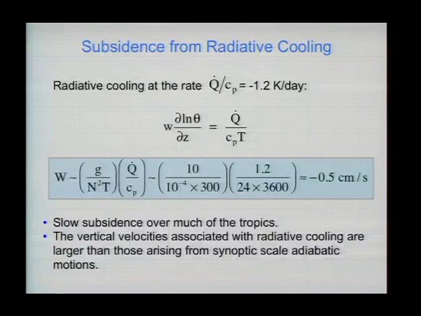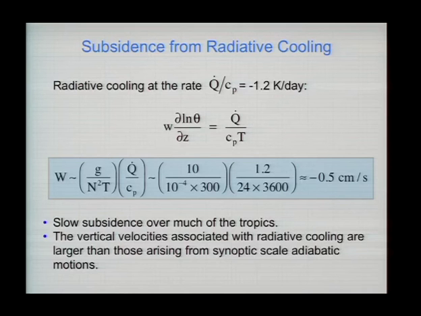So physically, subsidence, compression, warming, balancing that cooling. So w, I'm calculating this, putting all the numbers in. It turns out to be about 0.5 centimetre per second.